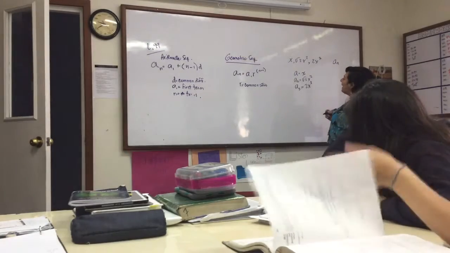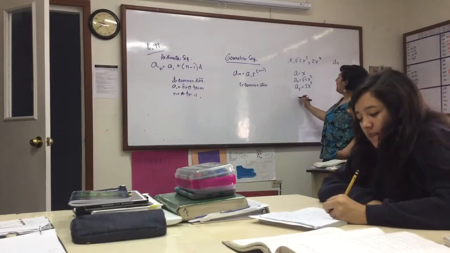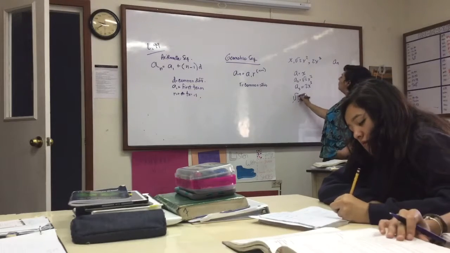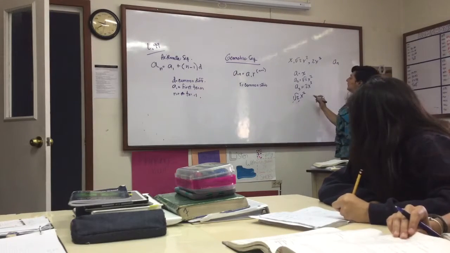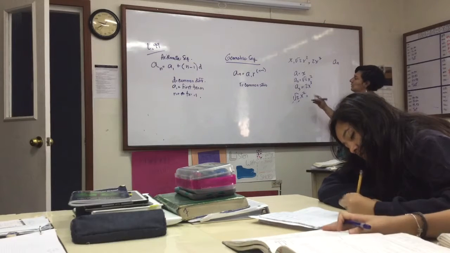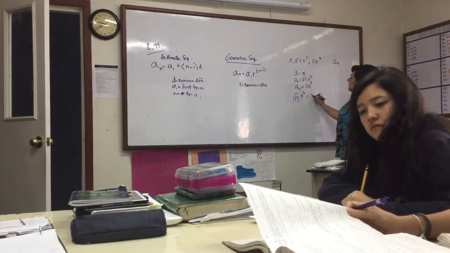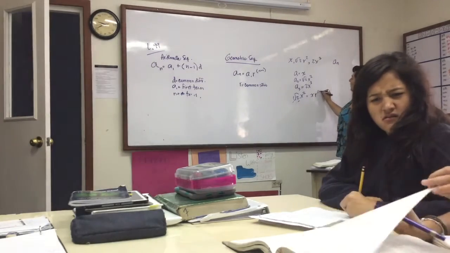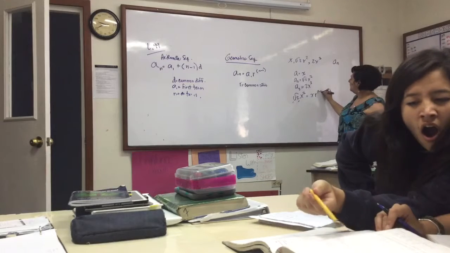So, from a2 and a3, you know that the square root of 2x squared equals a sub 1, which is x, times r to the 2 minus 1, right?